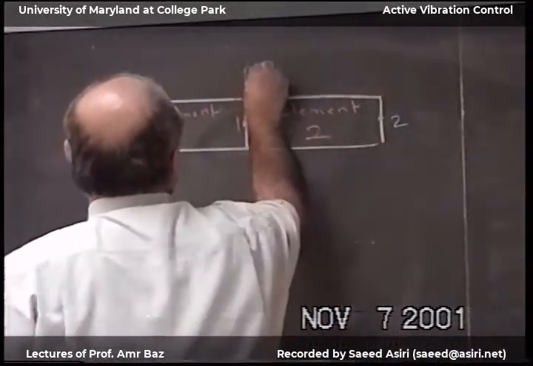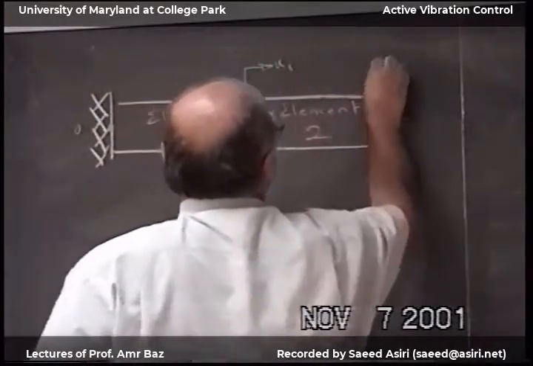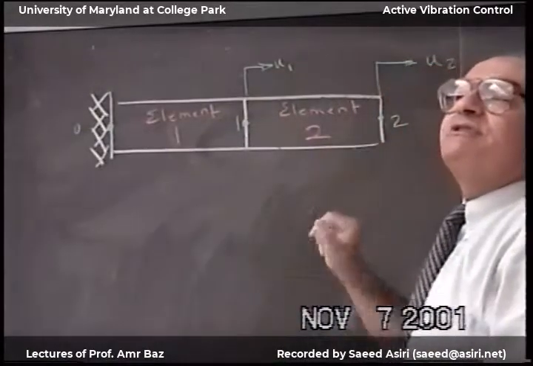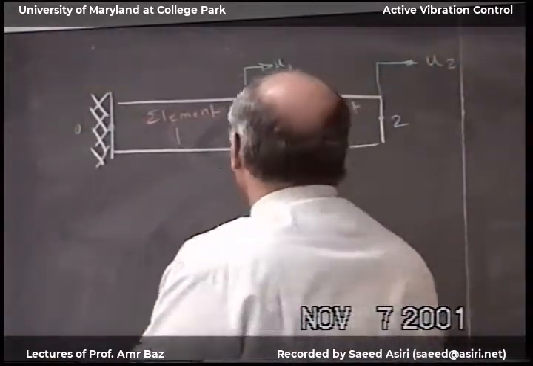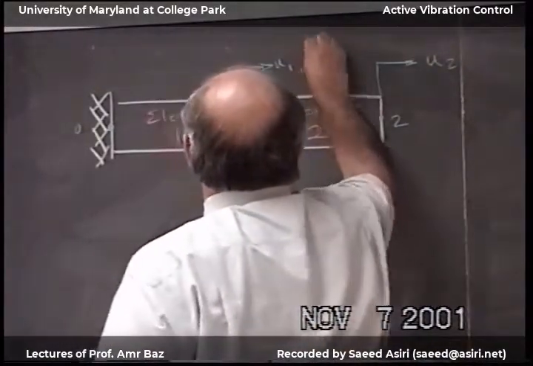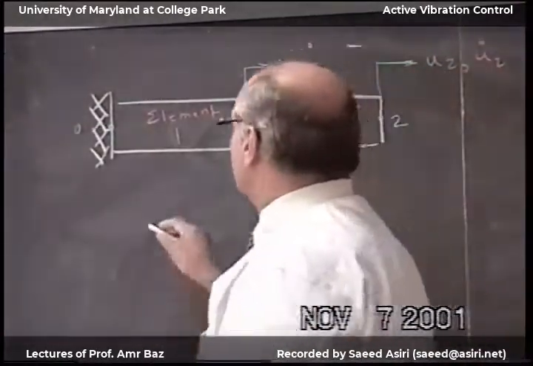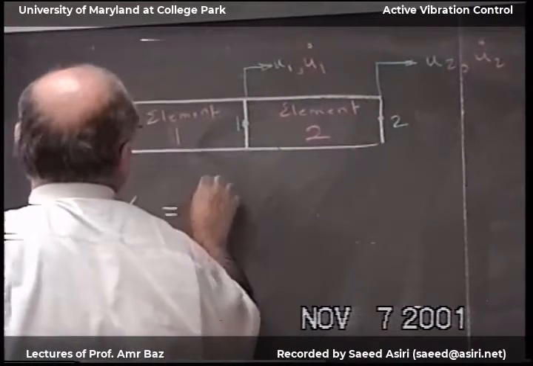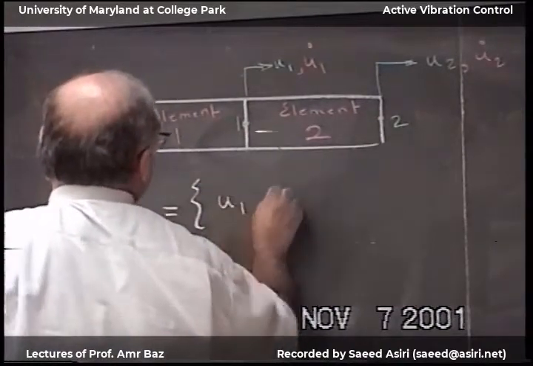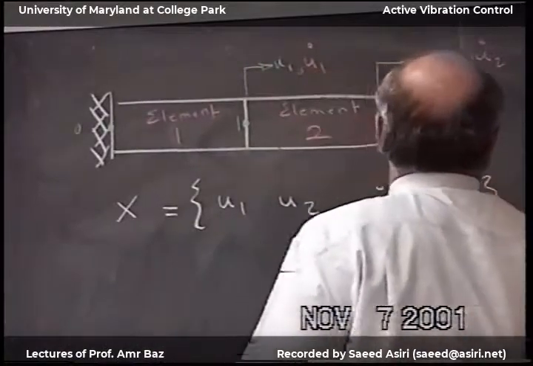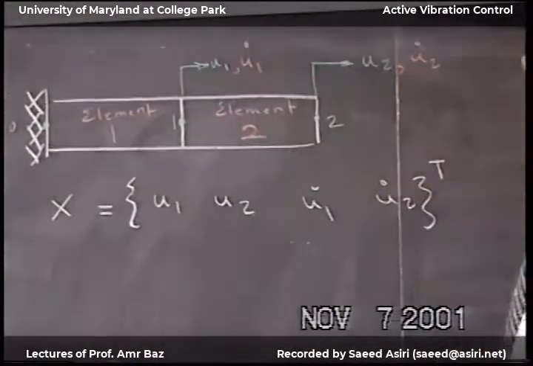So I have here U1, I have here U2. If I put this in the state space, I have also U1 dot and U2 dot. My state vector X will equal U1, U2, U1 dot, U2 dot, and the whole thing is transposed.